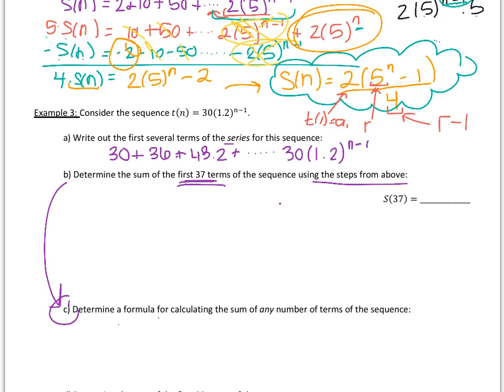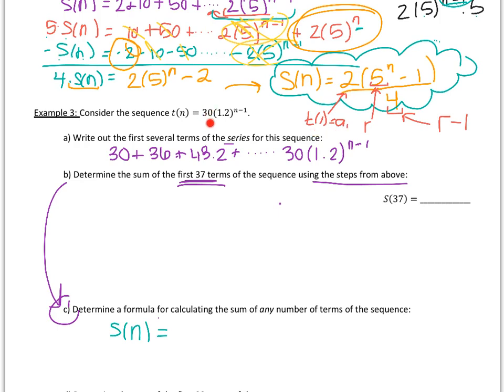The formula for the nth term, following the pattern we saw from this last one: the 2 here, which was the first term of our sequence in the last one, will actually be t of 1 in our new one, or a1. Again, both of these mean the same thing, which is the first term.